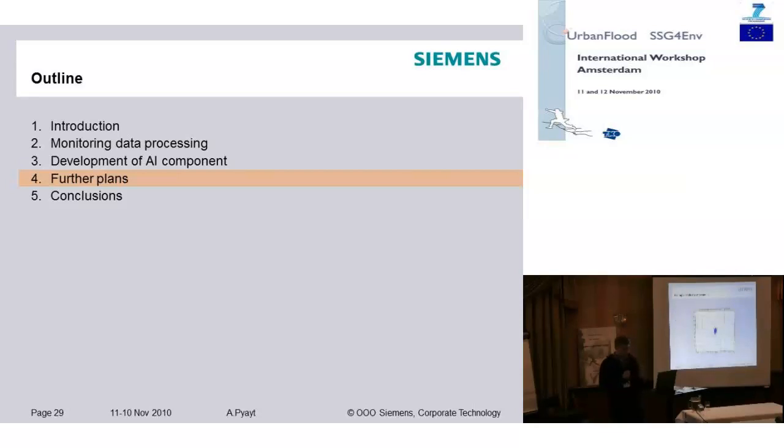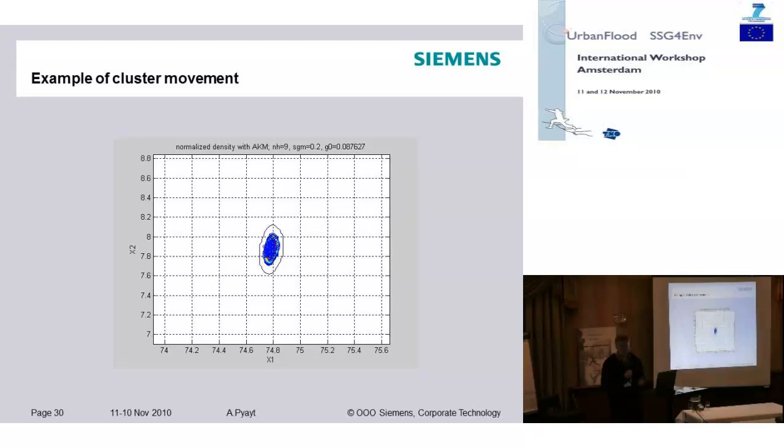A dike is a complex object, and it is influenced by environmental conditions. I just want to show a demo of how clusters are moving for measurements from one day to another.